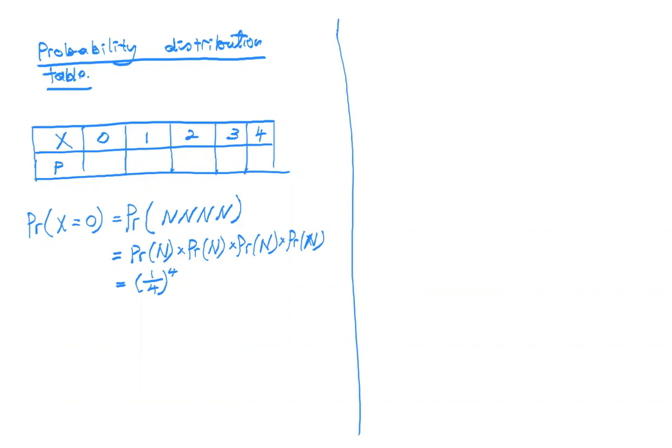Okay, now, if I say probability of X equal to 1, what does that mean? Yeah, any one trial getting a blue out of 4 spins.